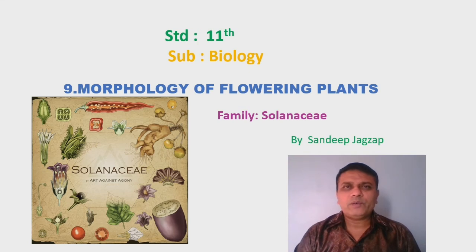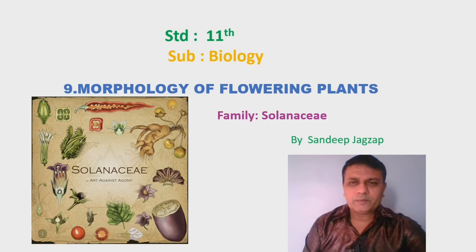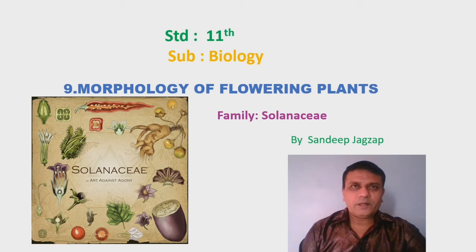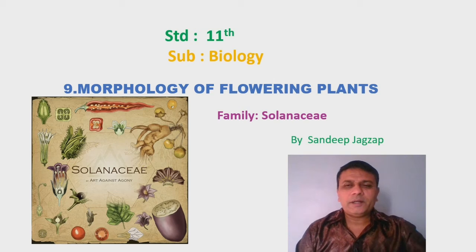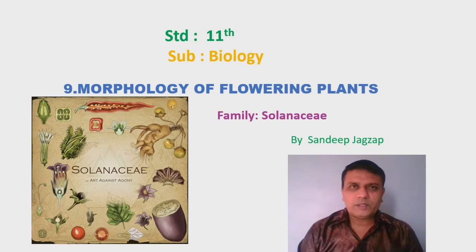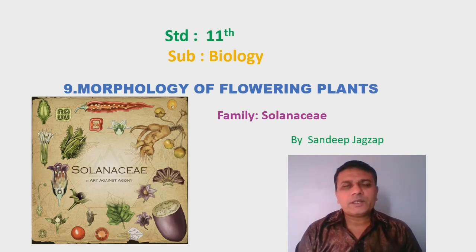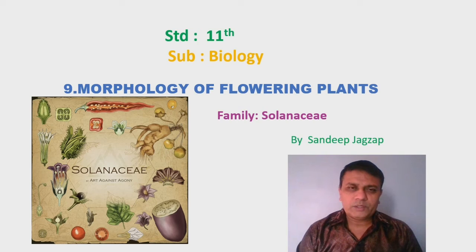Then we have studied regarding the structure of flower. In the structure of flower we have seen the different floral whorls, that is calyx, corolla, androecium and gynoecium. Then we have learned regarding the insertion of floral whorls.